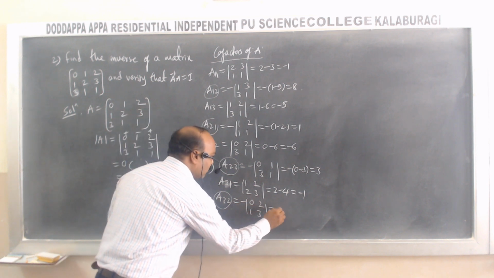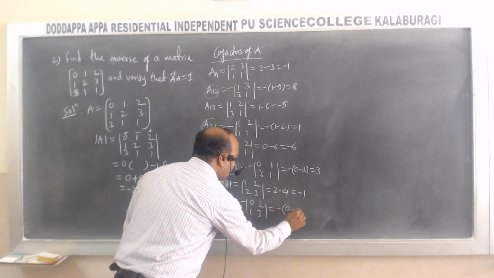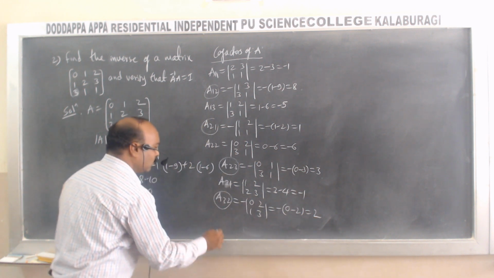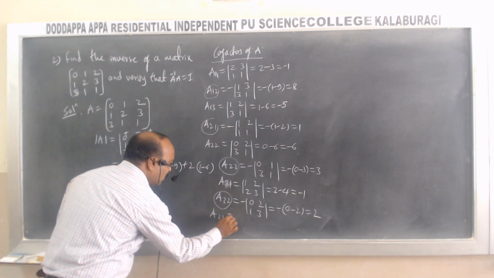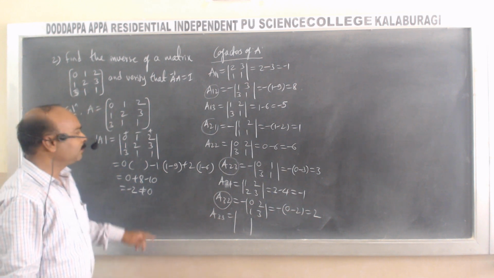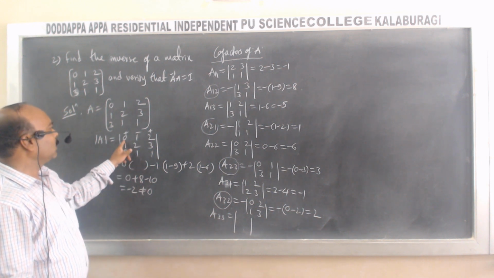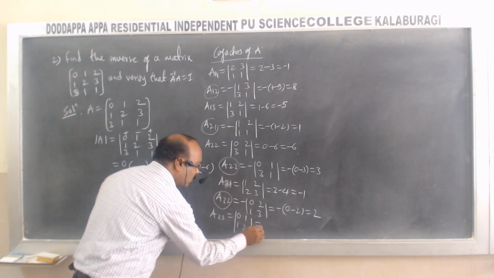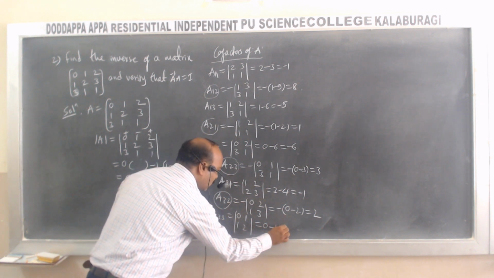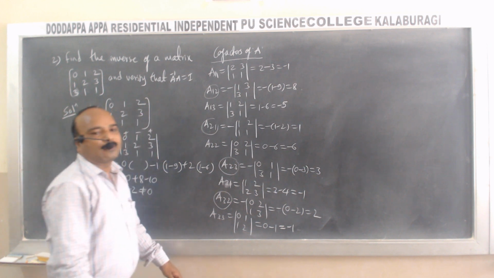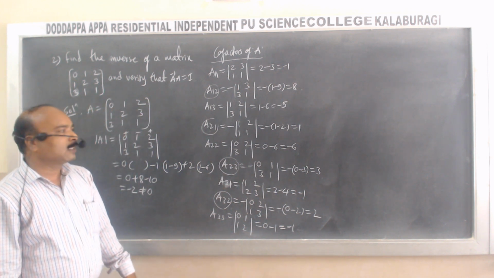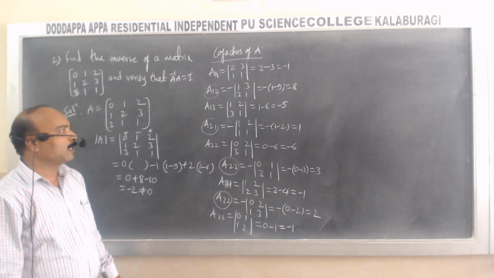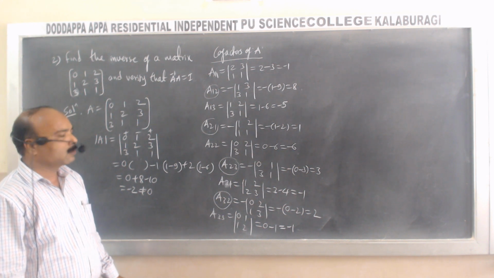So we get minus of 0 minus 2, it is 2. Next A33, determinant of 0, 1, 1, 2. So this is equal to 0 minus 1, it is equal to minus 1. Like that we calculate all the cofactors of the given matrix.